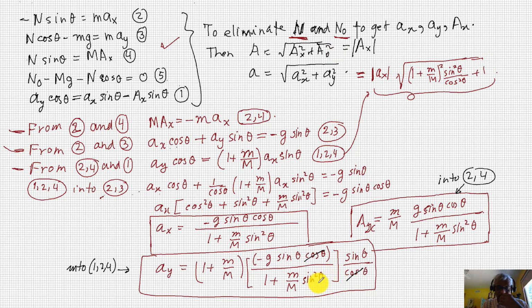So if theta was vertical, 90 degrees, ax will be 0 and ay will be, this will be 1, this will be 1, and this will be 1, and you cancel out this guy with that guy. So when theta is 90 degrees, I do get minus g, which is correct.